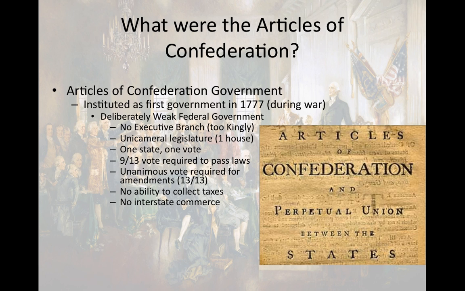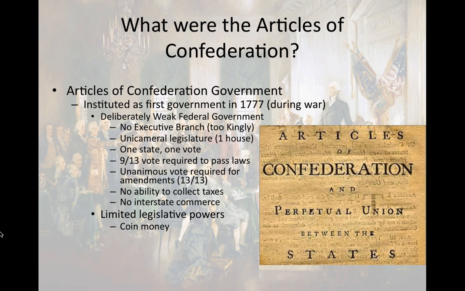Now, there was also no way to regulate interstate commerce. See, the Articles of Confederation saw the states as being their own separate entities. So for the Articles to be able to control commerce between those states would have been overstepping its power. So the states had to come to agreement with each other. So you did have this one house, but even in that one house, the powers were limited.